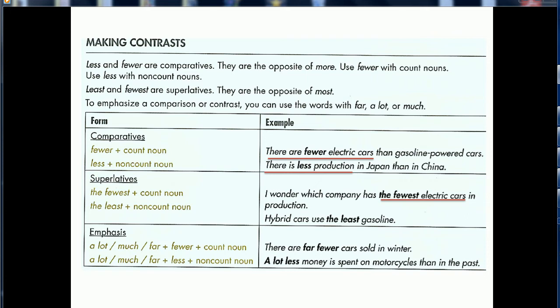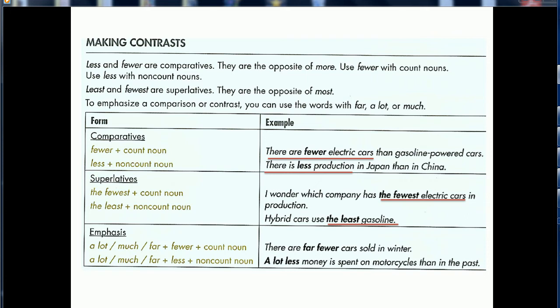And then hybrid cars use the least gasoline. You see here the least gasoline is working correctly because you use the superlative form least for non-count noun, that is gasoline. Now, what about emphasize? For example, my sentence says, there are cars sold in winter.